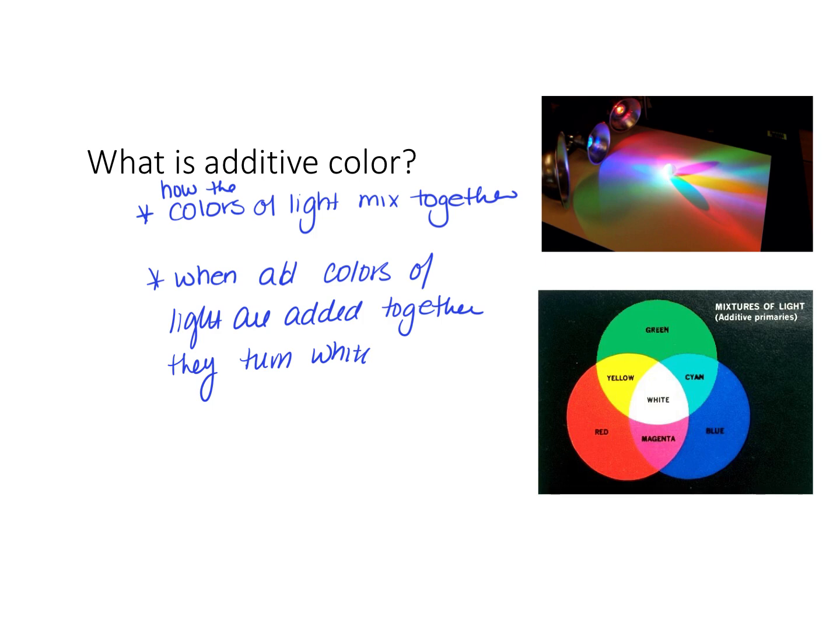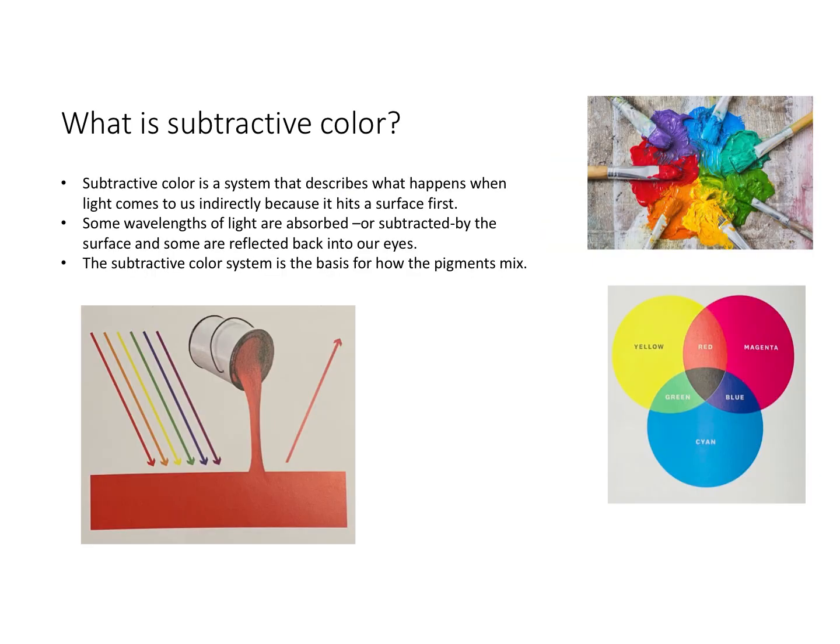Now, when we mix paints, or pigments, that is subtractive color mixing. Subtractive color is a system that describes what happens when light comes to us indirectly because it hits a surface first.